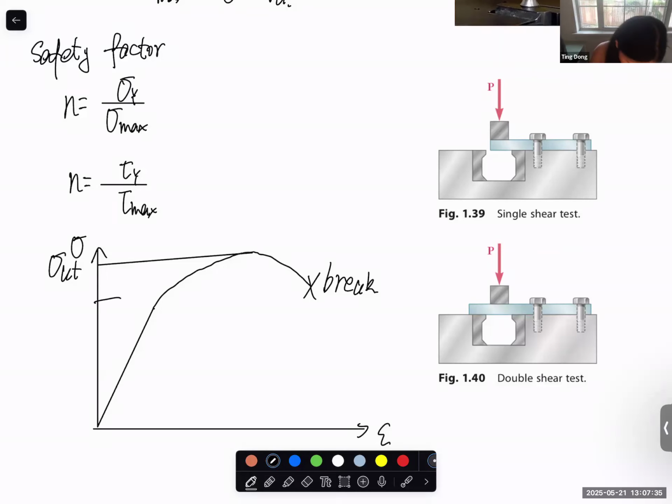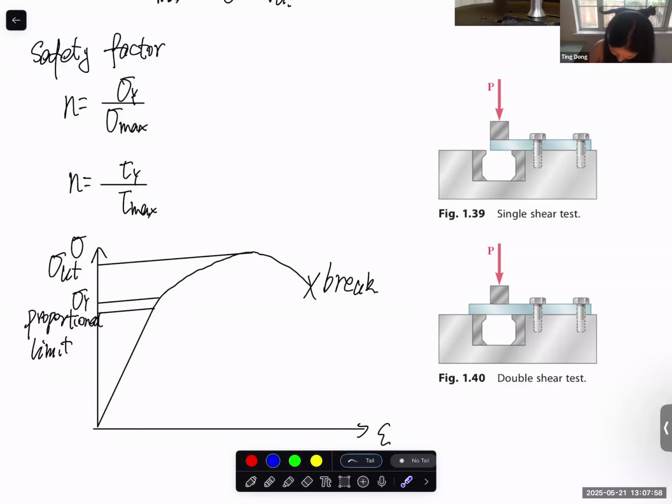And let's say this is the yield strength. This is the proportional limit. Before the proportional limit, there's some deformation, of course, but it's elastic.